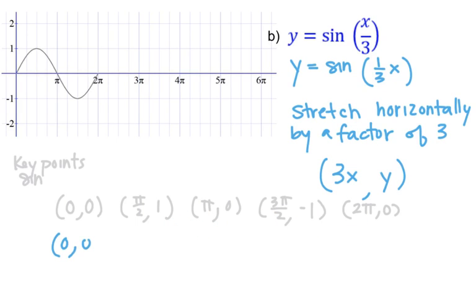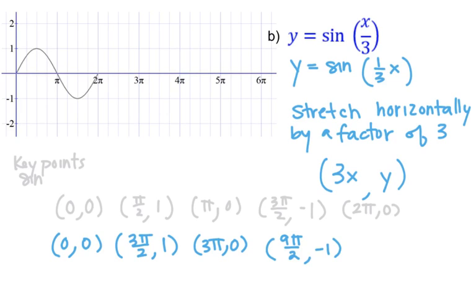Well, 0 times 3 is still 0. Pi over 2 times 3 is 3 pi over 2, so I've got 3 pi over 2, 1. Then I have 3 pi, 0. I've got 9 pi over 2, -1, and then 6 pi, 0.